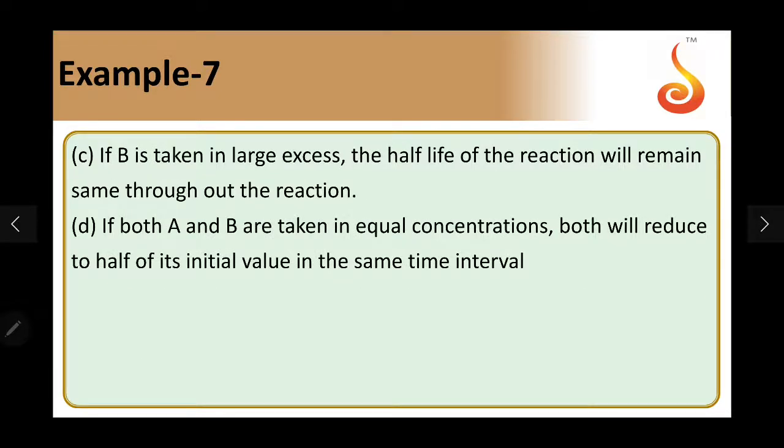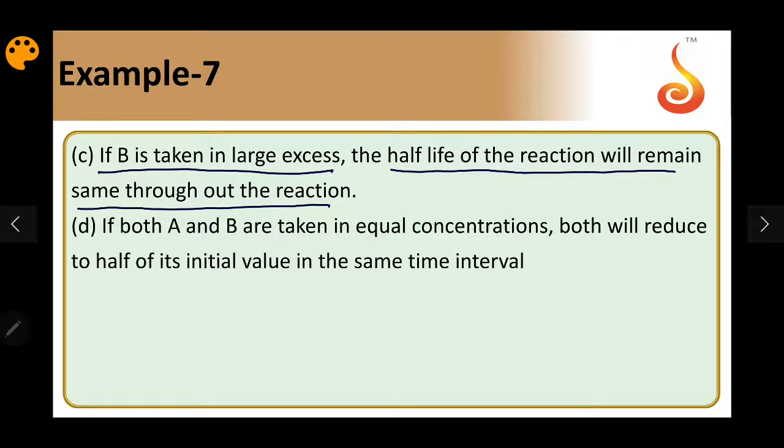We'll go to C and D options. In case of C, if I take B in large excess, what happens? The order of the reaction becomes 1. So half-life of the reaction will remain same throughout the reaction. It is not dependent on initial concentration, so it will remain same. This is also correct. And if both A and B are taken in equal concentration, both will reduce to half of their initial value in the same time interval, because for the entire reaction we define half-life.